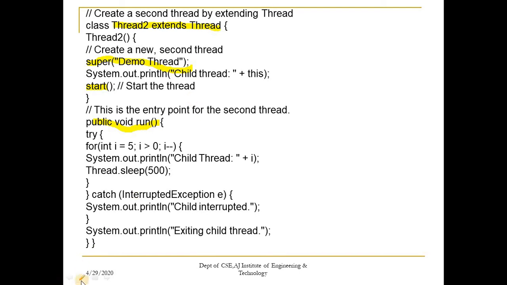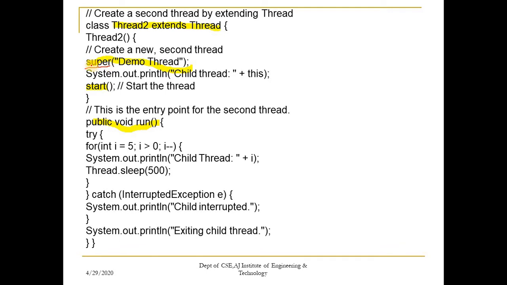Now over here, we'll start tracing this program from the beginning. I created a class Thread2 which extends Thread. Then in the constructor of Thread2, I have called super with the parameter "Demo Thread". We have already seen the use of the super keyword.